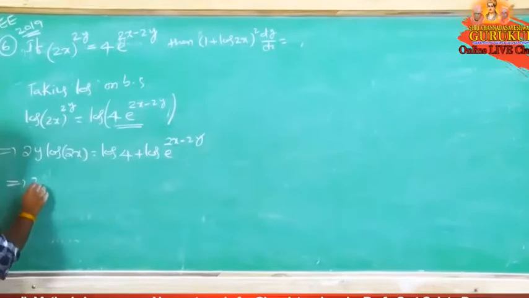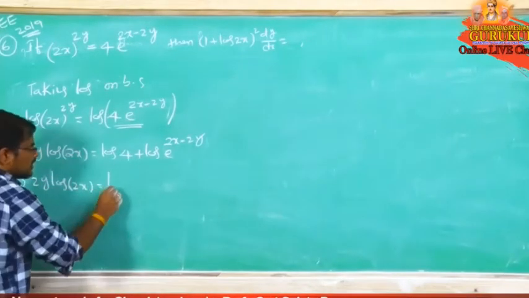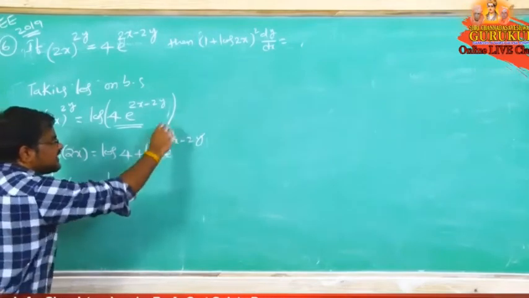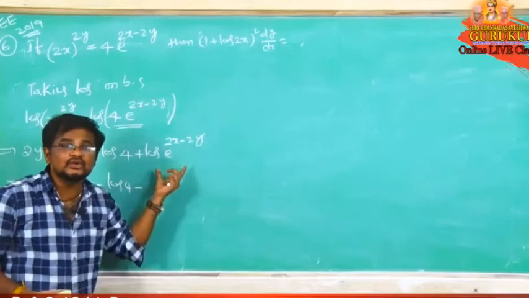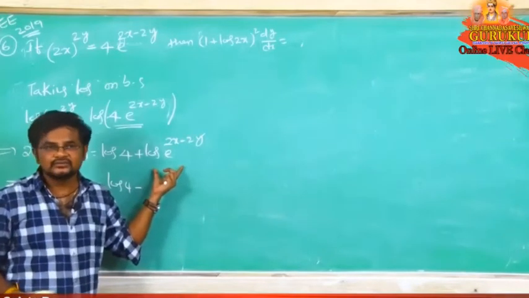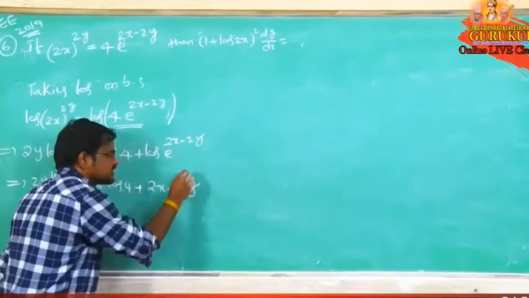That implies 2y log of 2x as it is you write down, log 4 also as it is, again it can be written as like previous, (2x minus 2y) into log e. Log e value is 1. So shall I write directly here 2x minus 2y.